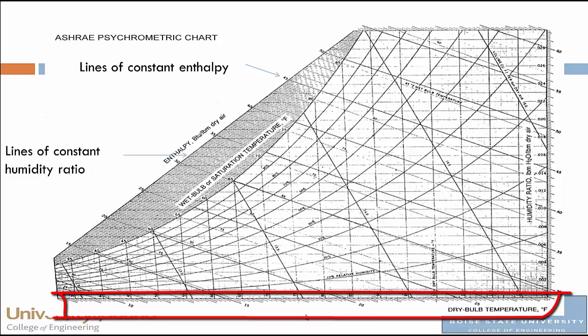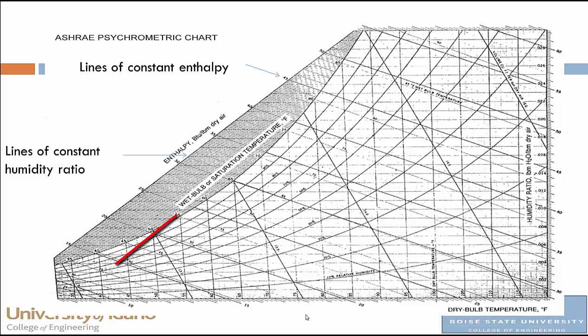Along this curved line, we can read both wet bulb and, here they're calling it saturation temperature, but that's dew point temperature. Lines of constant enthalpy are these straight lines that go diagonally from upper left to lower right. Lines of constant humidity ratio go across horizontally.